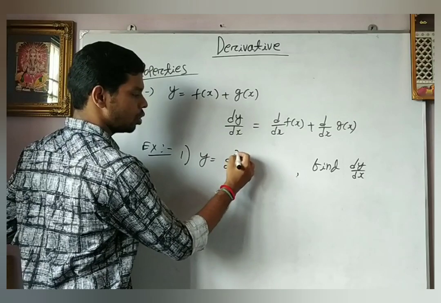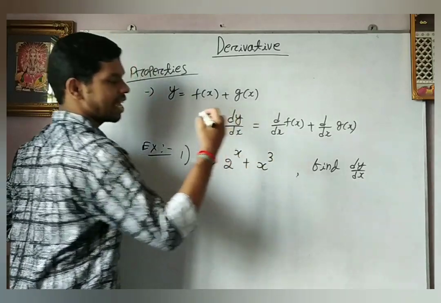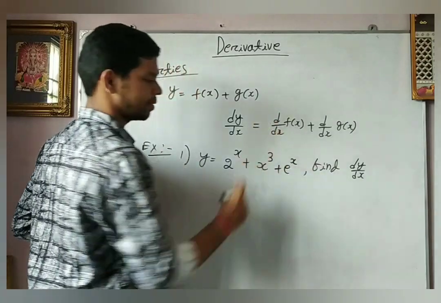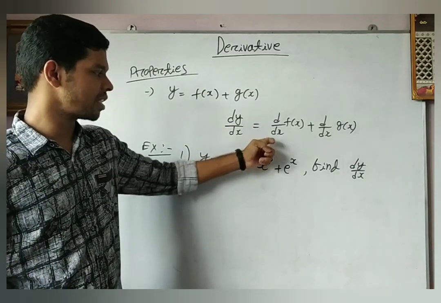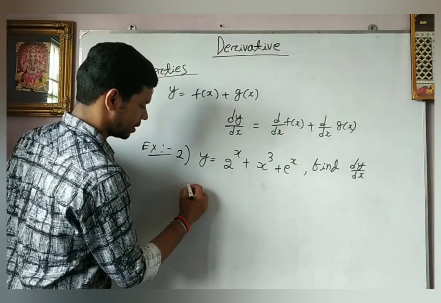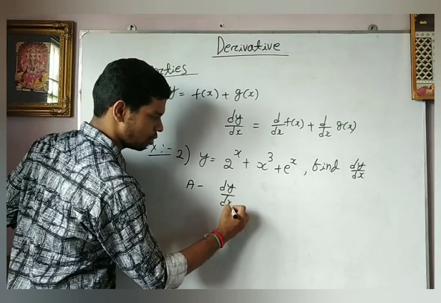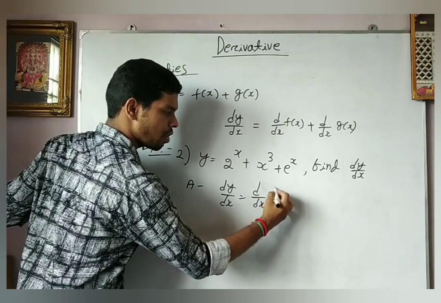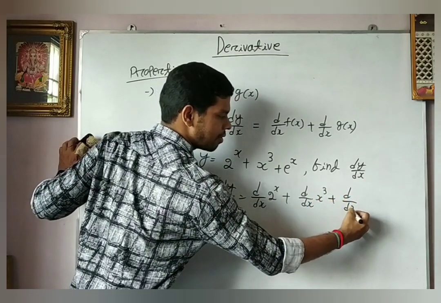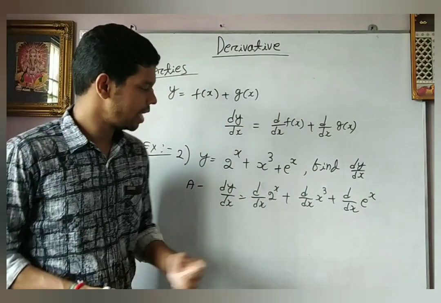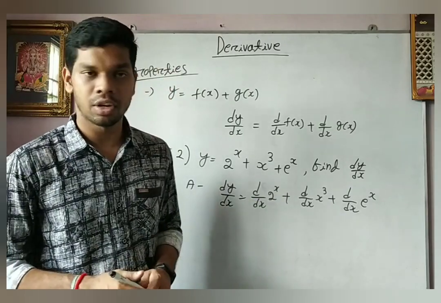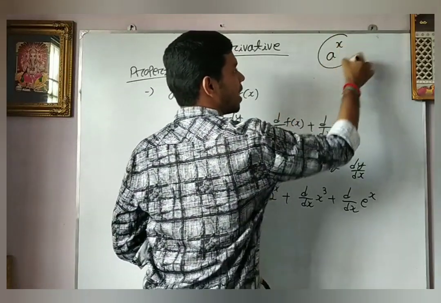Second example, y equal to 2 to the power x plus x to the power 3 plus e to the power x. Find dy by dx. dy by dx equal to derivative of first function plus derivative of second function plus derivative of third function. It is constant to the power variable. Constant is 2, power is variable, and this is the formula of a to the power x.